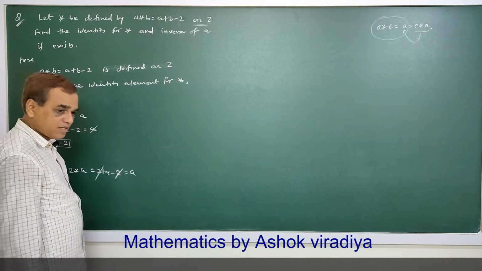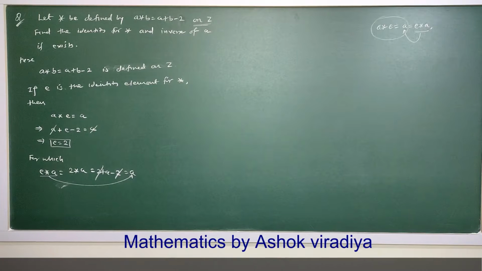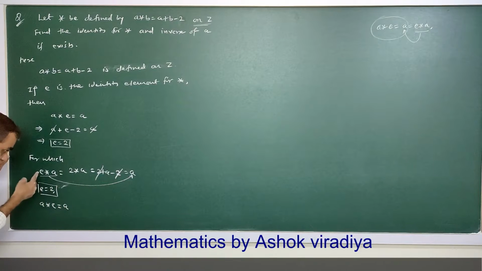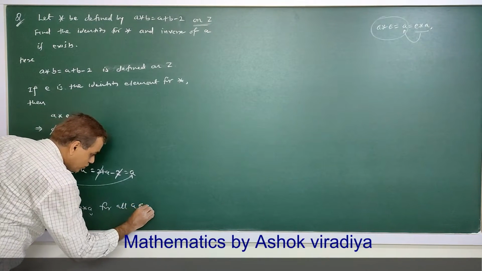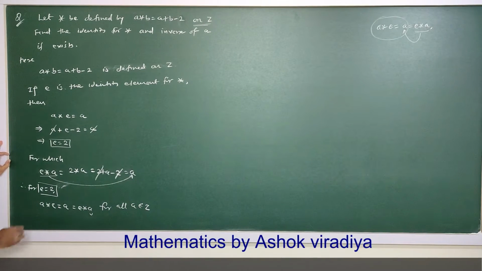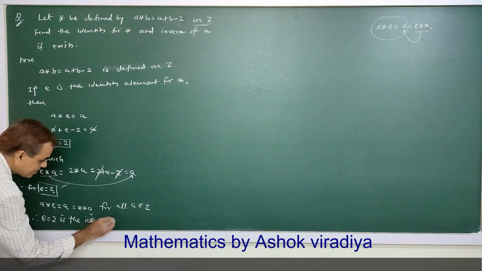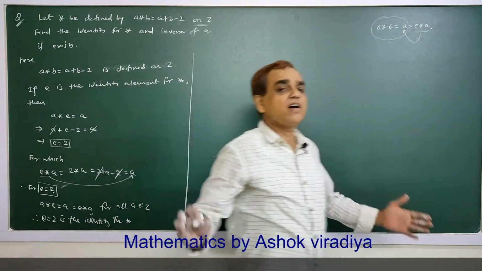A. So see, E star A is A. So therefore, for E equal to 2, A star E equal to A equal to E star A for all A belonging to Z. So E equal to 2 is the identity for the binary operation star. This is the method to find identity.